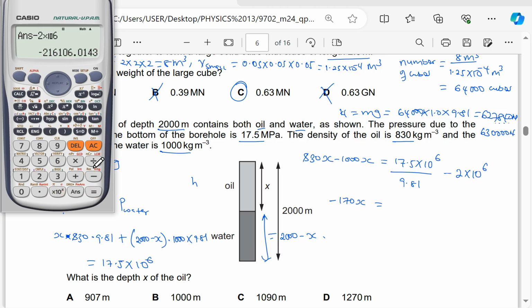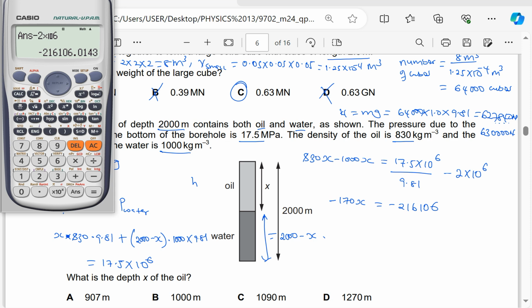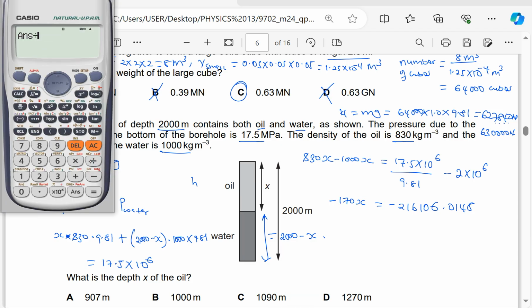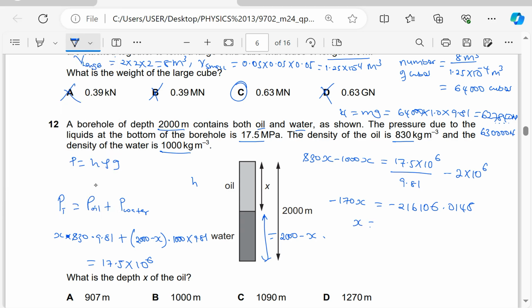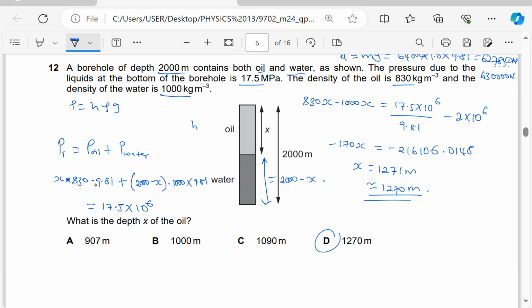So I have negative 216,106.0148. So I'll divide both sides by negative 170. So I get x as 1271. So x is 1271 meters, or approximately 1270 meters. So which means our answer is going to be D.